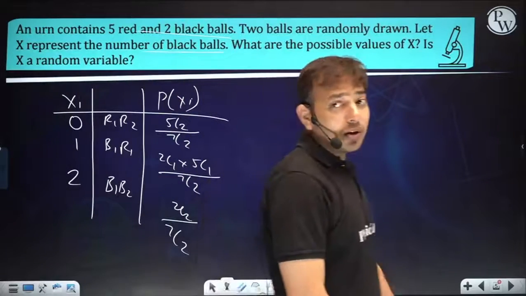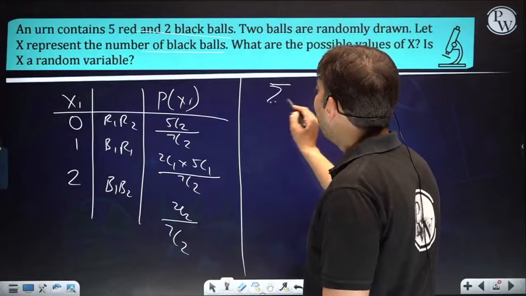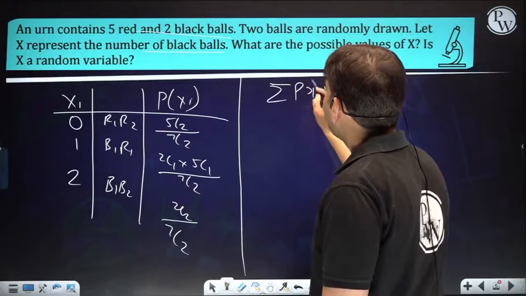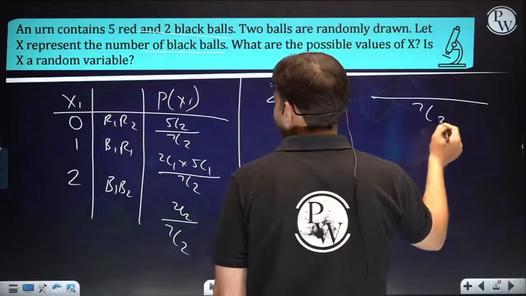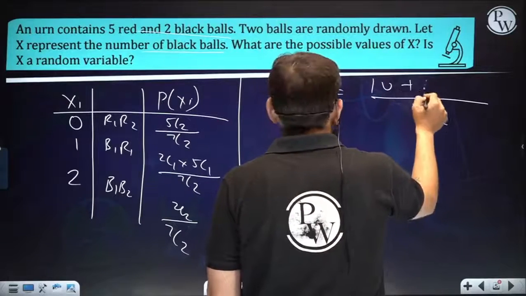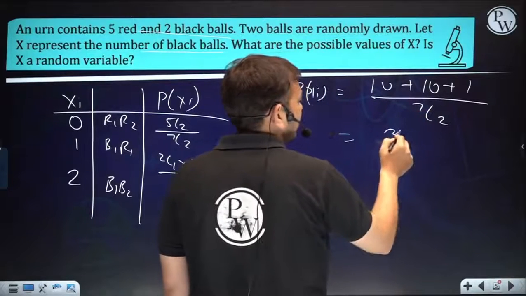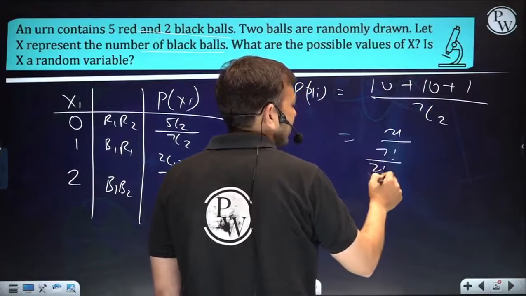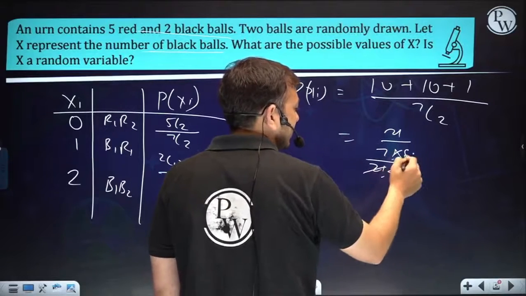All the probabilities are positive. We need to just see now sigma p(xi). If you add, the denominator is the same, 7C2. 5C2 is 10, 2 fives are 10, and 2C2 is 1. So this is 21 by 7 factorial over 2 factorial 5 factorial, which is 21.